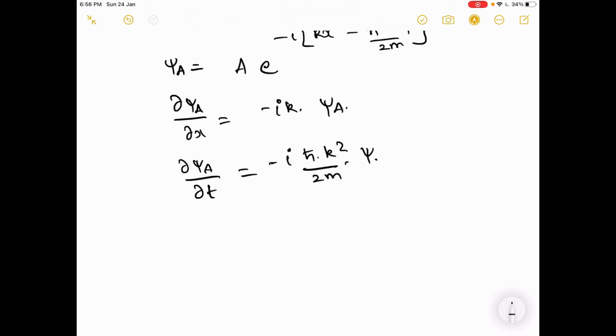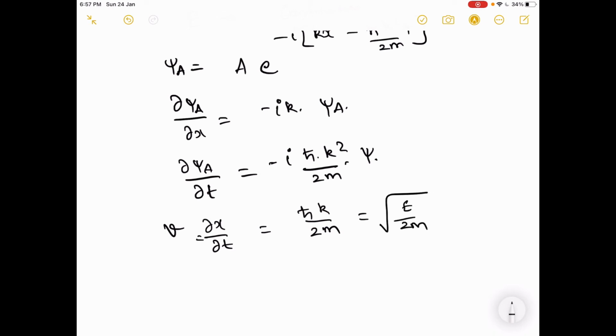Dividing one by the other you get dx by dt, which is the classical velocity, which will turn out to be h bar k by 2m, right? And if I substitute k by energy, you will get E by 2m.